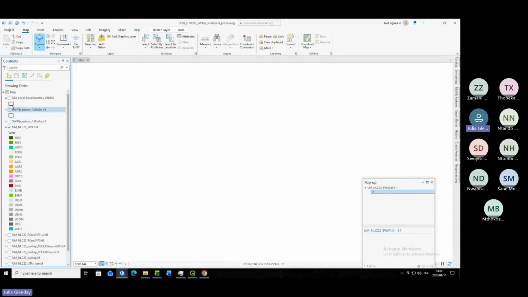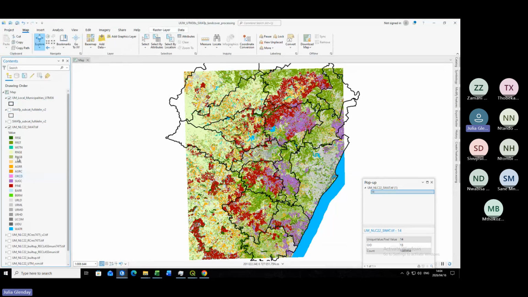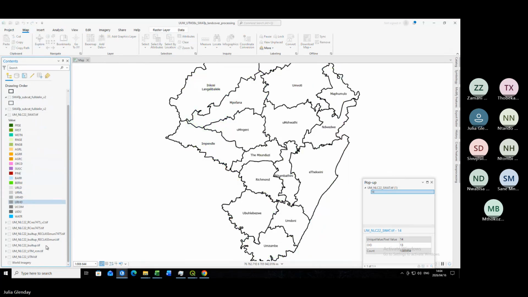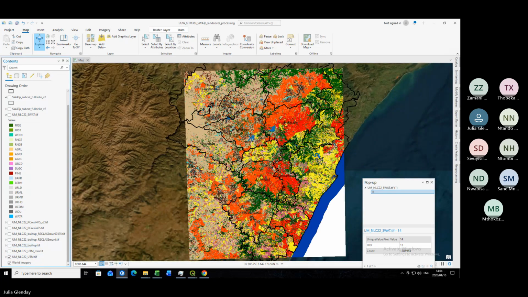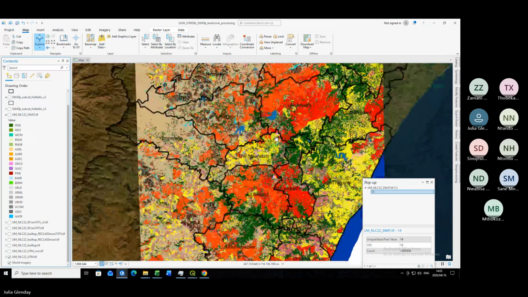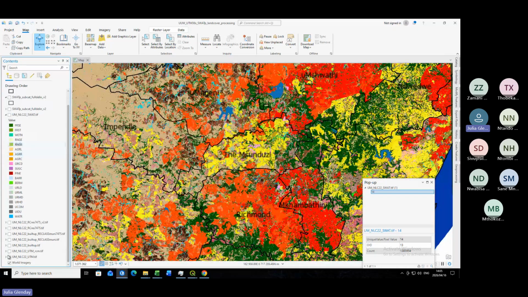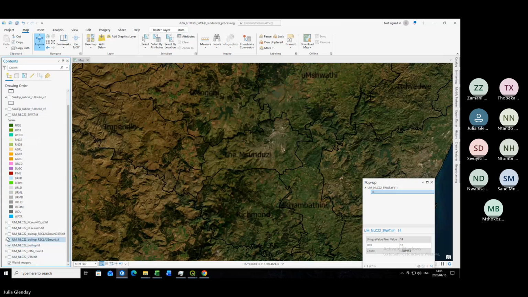So if I turn on some of the municipality boundaries, and find, oh yeah, it's going to help with the built up areas.